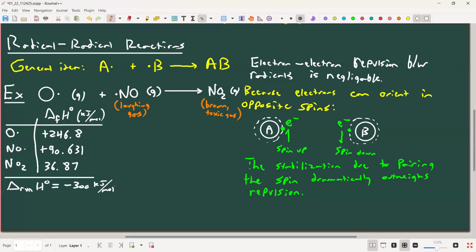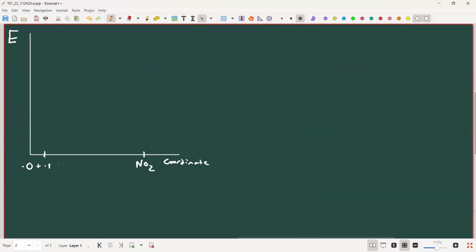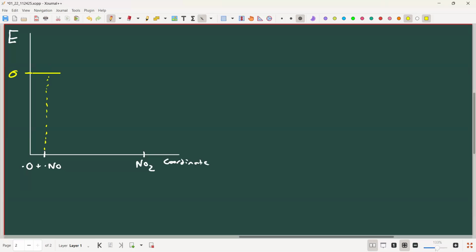Let's go ahead and plot that. We'll put energy here, and this is our coordinate. Put the products here, NO2. Here's our reactants, O plus NO. I'll set my energy for my O plus NO to be at some number 0, just a relative number.